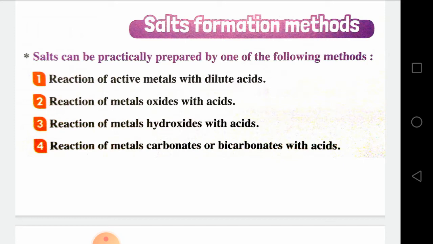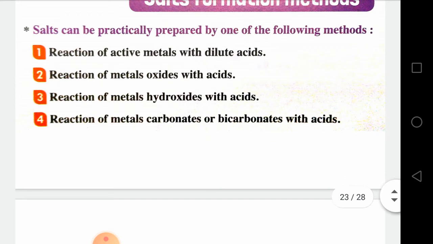As we mentioned before, there are types of bases according to their molecular structures. Maybe metal oxide, maybe metal hydroxide, maybe metal carbonate or metal bicarbonate. Generally, base plus acid produces salt and water.